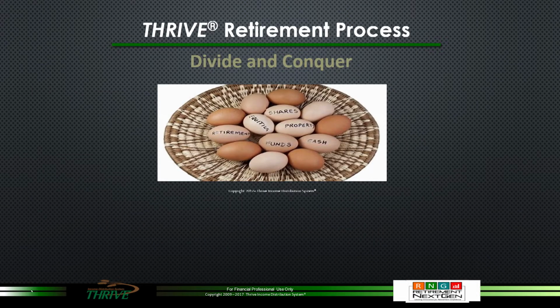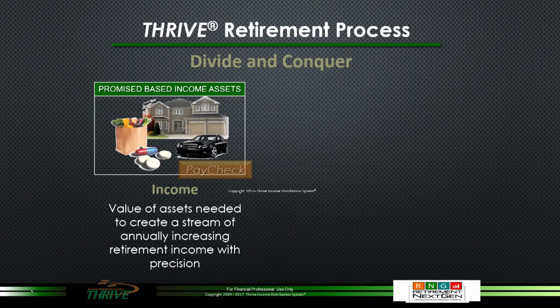What we basically do, the Thrive retirement process, takes all the assets in your nest egg, your retirement portfolio assets, and divides them into 2 distinct camps. We want to separate the minimum amount of assets necessary to add promise-based income to your portfolio to supplement your Social Security, pension, and other income resources to create an essential income floor called a paycheck. It's going to be a replacement to the paycheck you were getting while you were working.